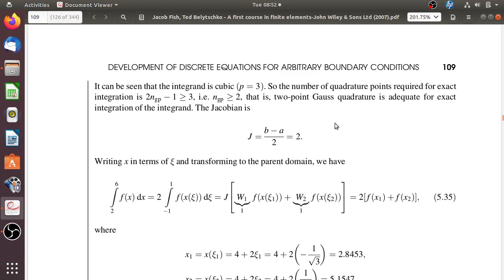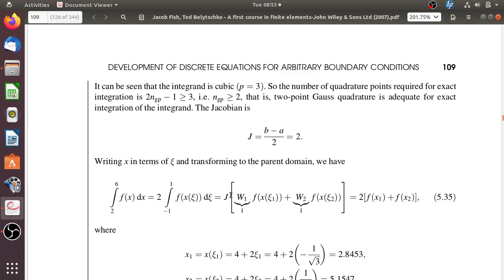For this 2-point Gauss quadrature, what we need to remember is the weight and at which Gauss quadrature point I am going to evaluate this integrand. If we look up the table for the 2-point Gauss quadrature, it turns out that the weights W1 and W2 are equal to 1, zeta 1 is equal to -1/√3, and zeta 2 is equal to 1/√3.